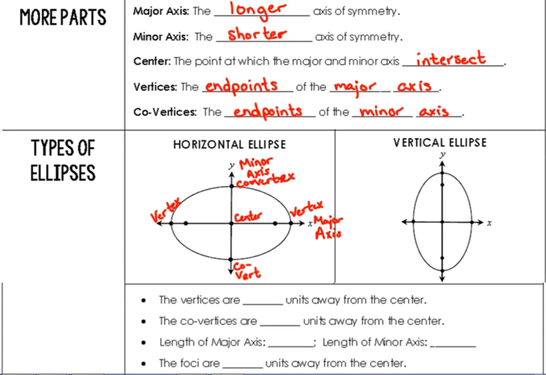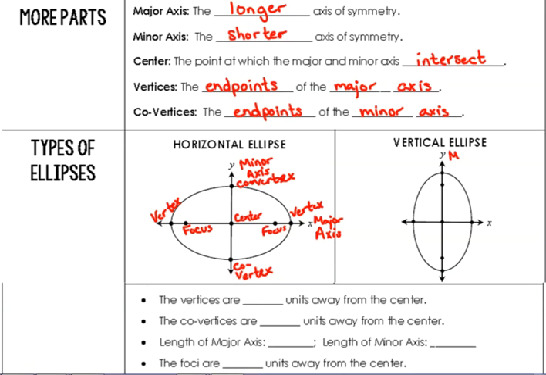That should just be vertex. And the only points that I have not labeled yet are my foci. So there's one focus, there's the other focus. Notice they're inside of the ellipse, and they will always be inside of the ellipse.